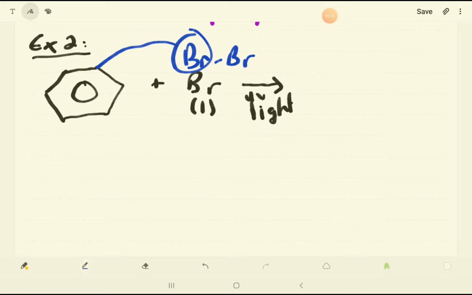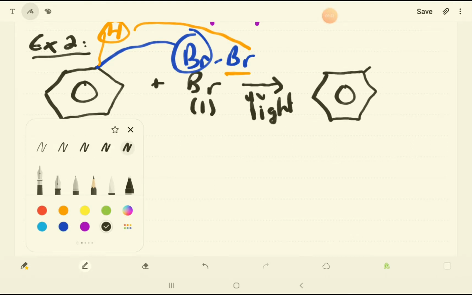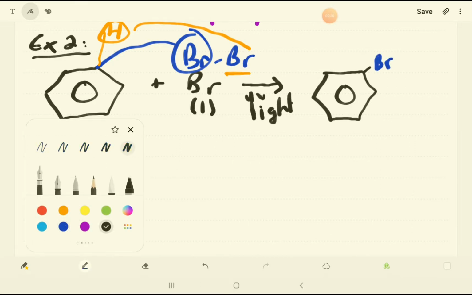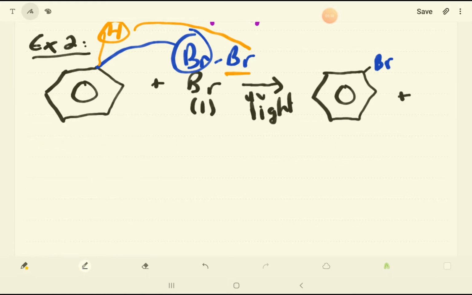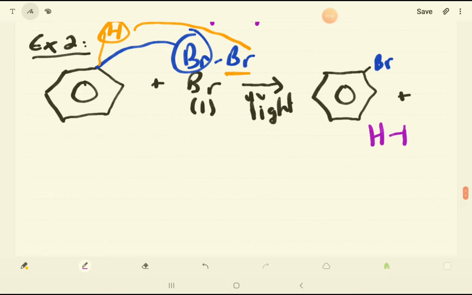And when it lodges itself into the carbon, a hydrogen gets launched out. And that hydrogen is going to bond with the leftover Br. So when we start to draw our products, over here we still have a benzene, but now we have a bromine attached to it. And it's going to be plus a hydrogen bromide.